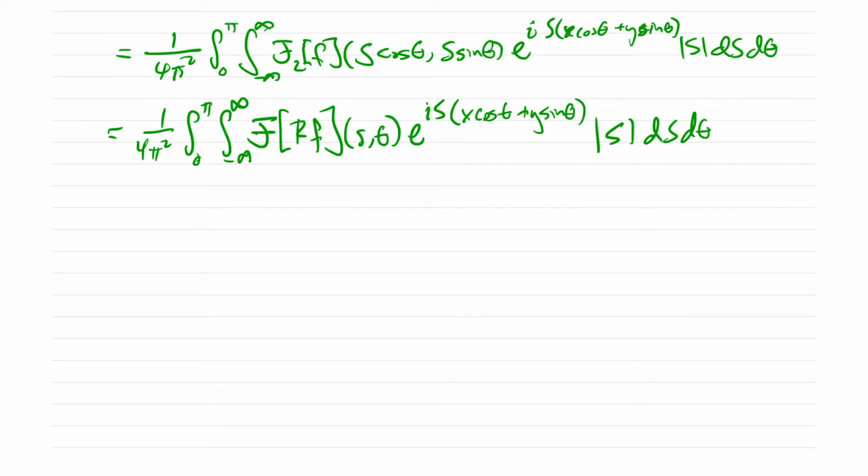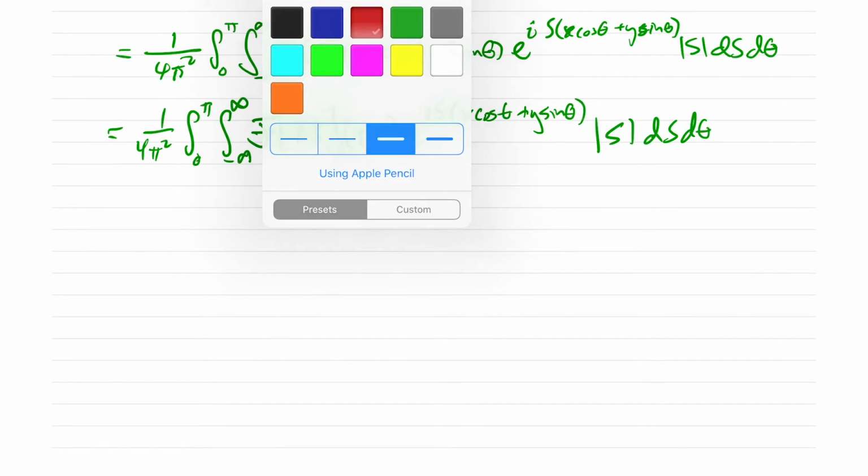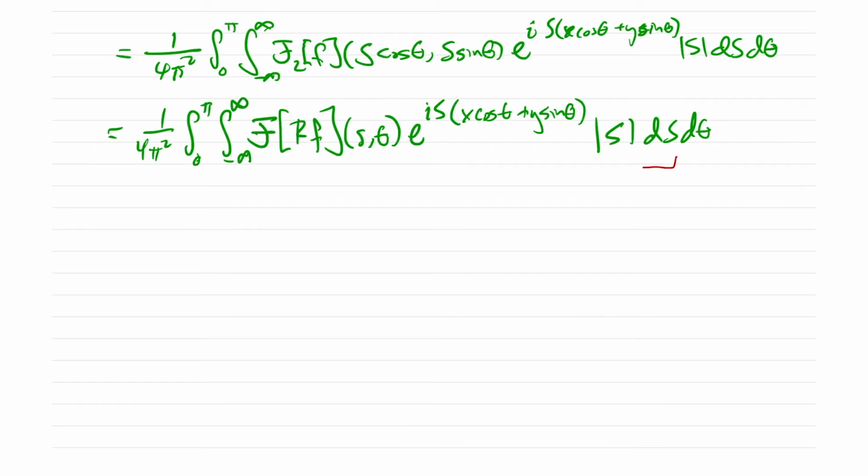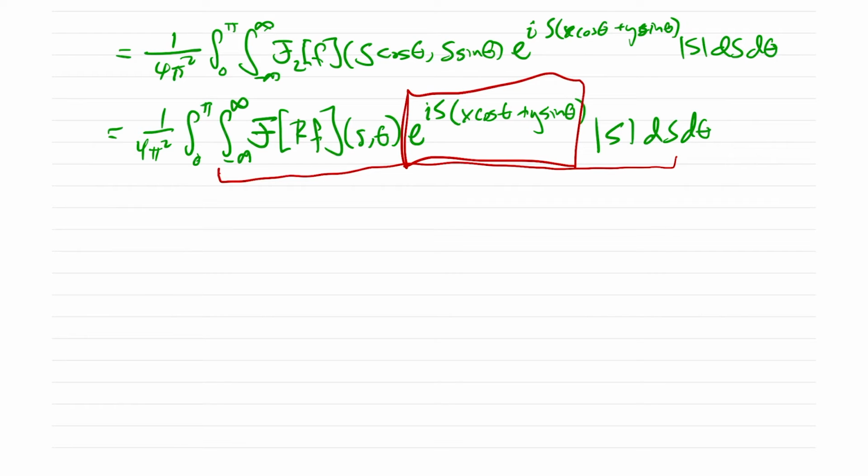Now this is where it gets interesting. If you take a look here, this is actually the Fourier transform of a function, because we have this term here with the exponential. It's rather the inverse Fourier transform, and then we have all of this stuff here.